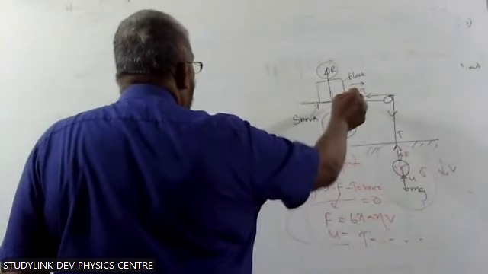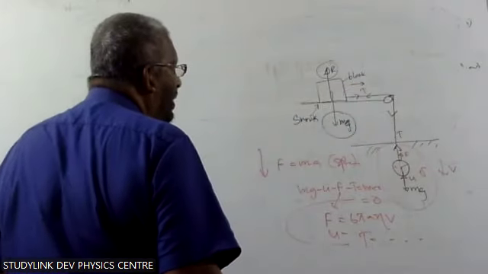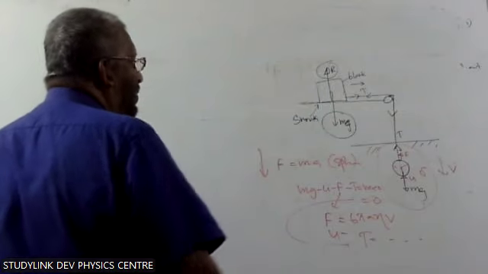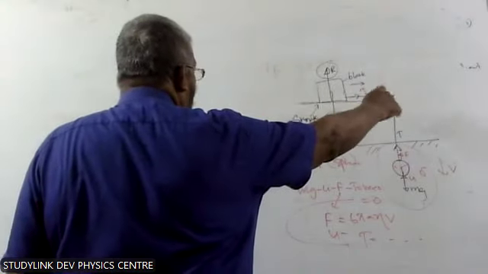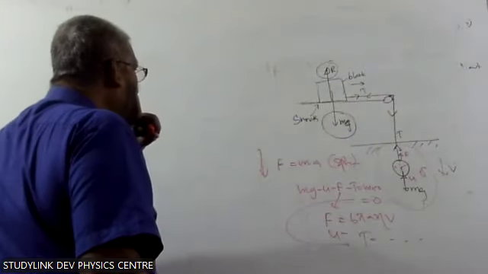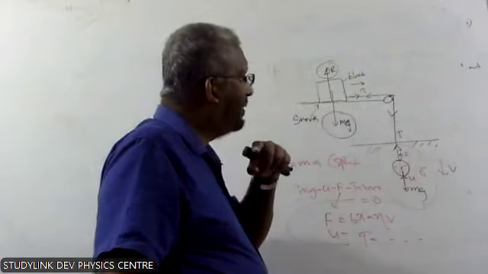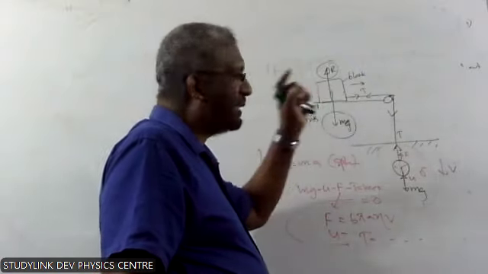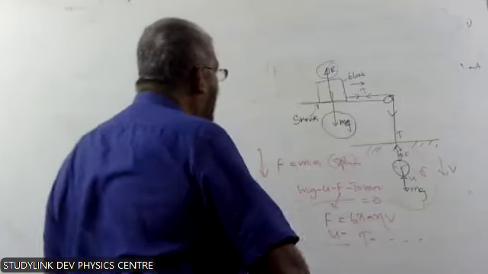Here, since it is smooth, this is just moving in that direction, and then we can find the acceleration like that. Why? Only one force is acting horizontally, so it is accelerating. Such questions are normally not given.